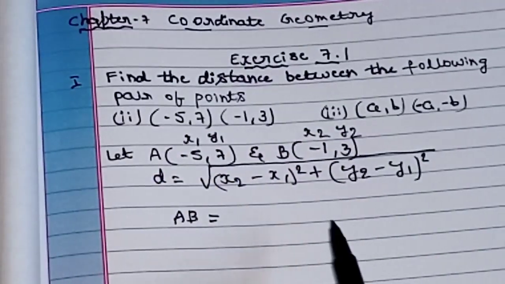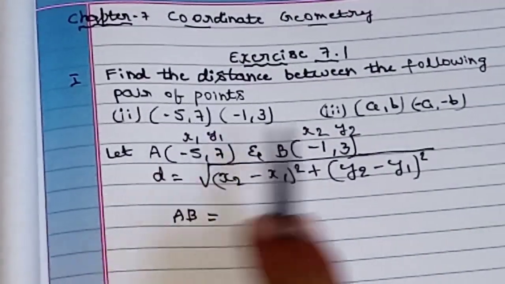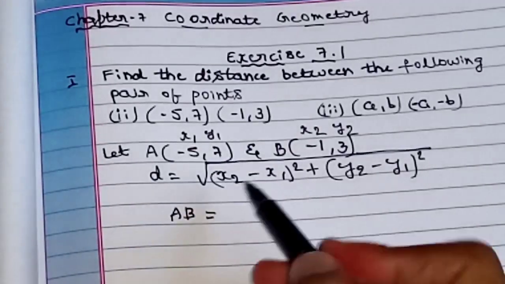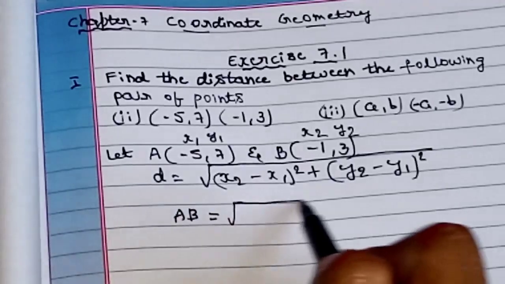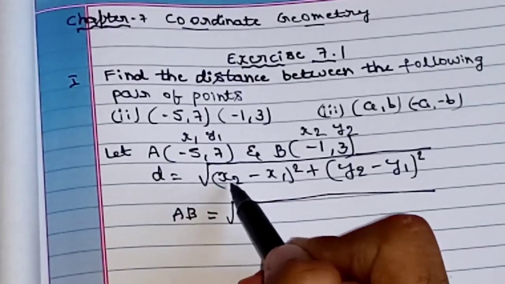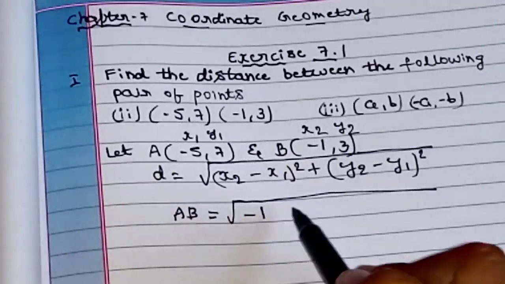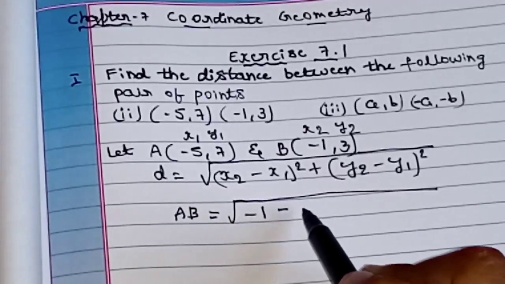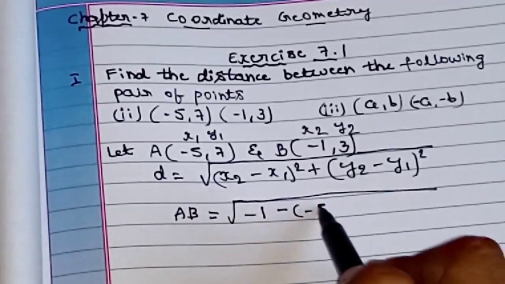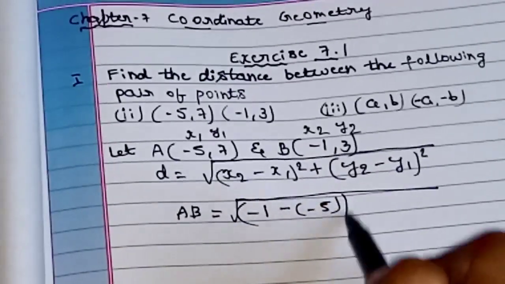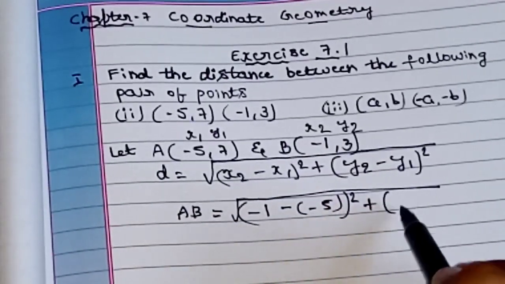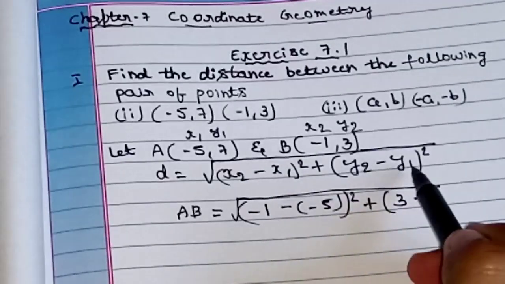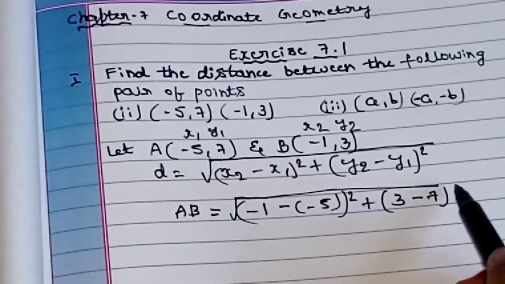Now apply the values. AB is the square root of, what is x2? x2 is minus 1 minus what is x1? x1 is minus 5 whole square, plus what is y2, children? y2 is 3 minus y1, which is 7, whole square.